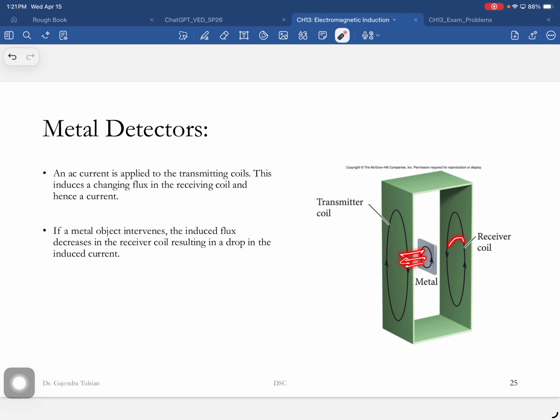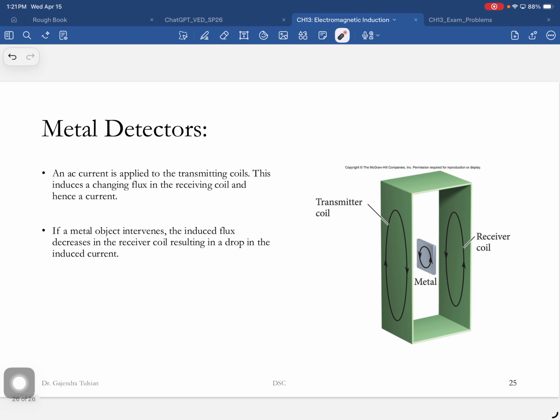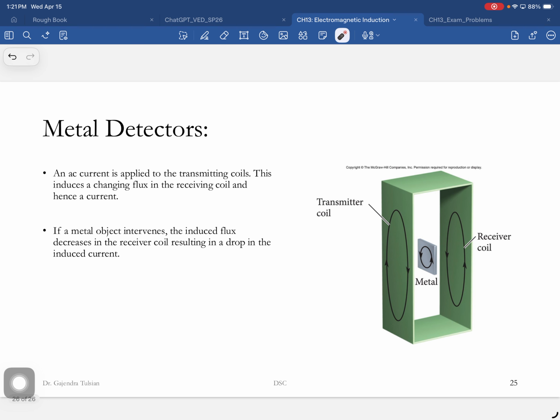And now the flux through this sensing coil has reduced because of this intervening piece of metal. Because of this, the magnetic field has decreased, and so the induced current in this receiver coil has decreased. So as soon as a piece of metal passes, the induced current in the receiving coil decreases. All right, so that's Faraday's law.